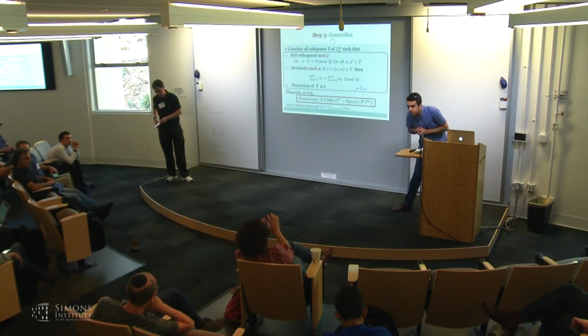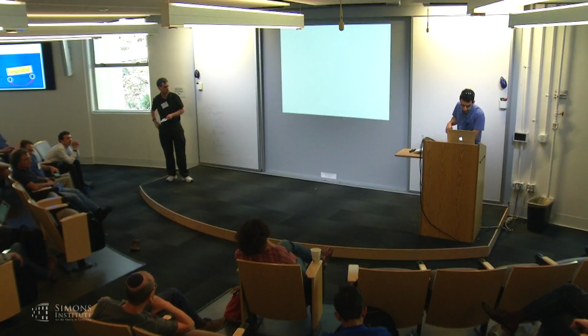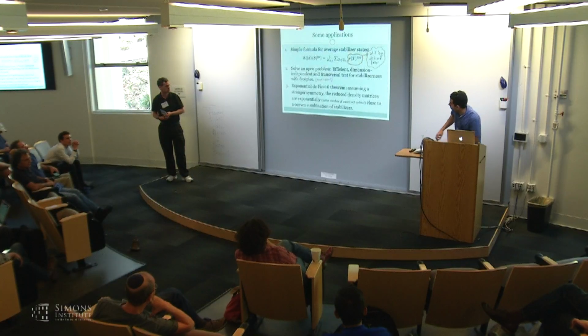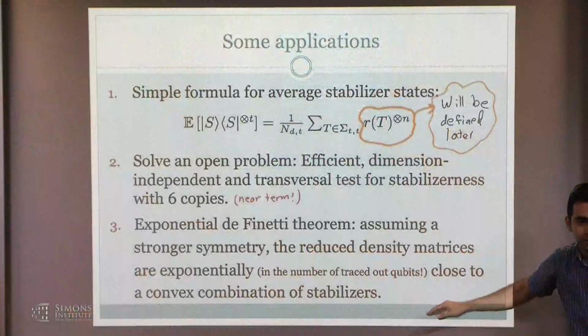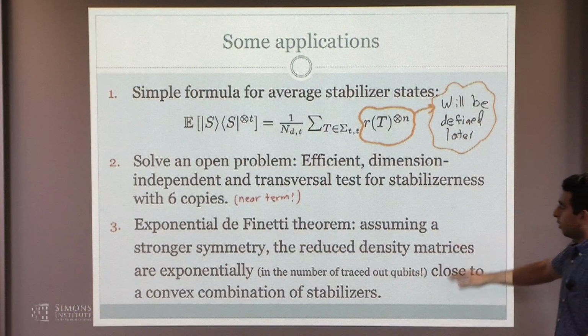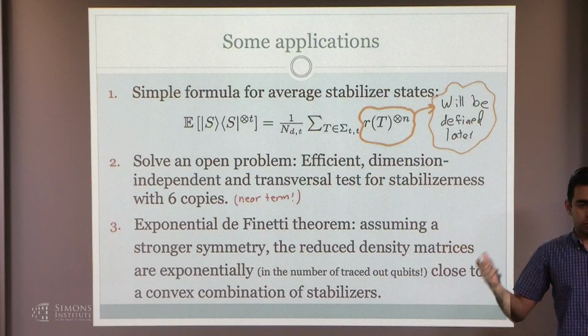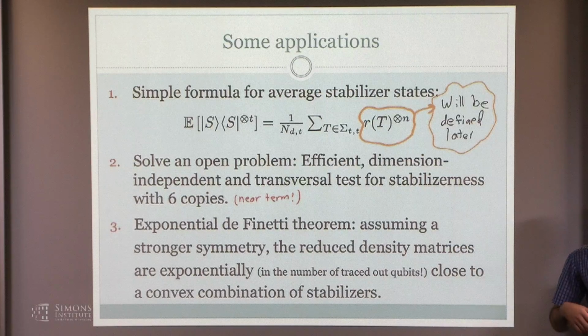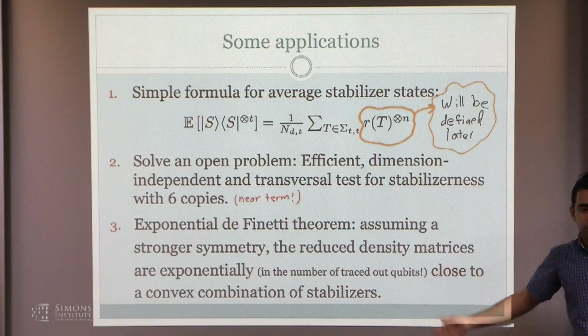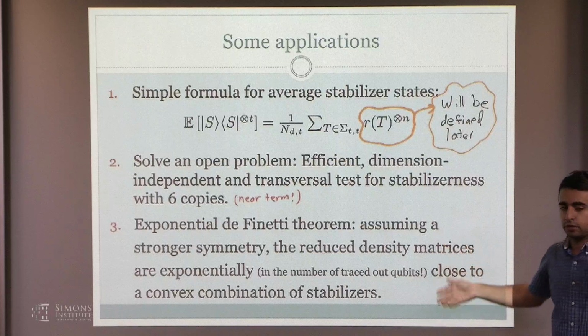What is your hope to use it for? Like, what's your dream application of this? So this is a dream, because you can get these kinds of definitive theorems. So basically, you make your permutation symmetry slightly stronger. I didn't talk about what kind of symmetry you're going to use, but the stabilizer tensor powers satisfy this kind of stronger symmetry.